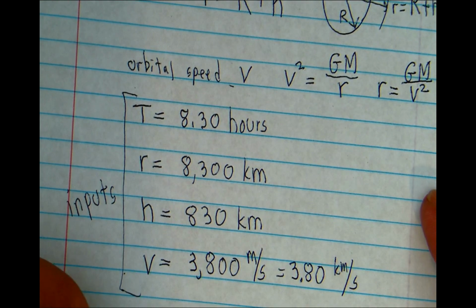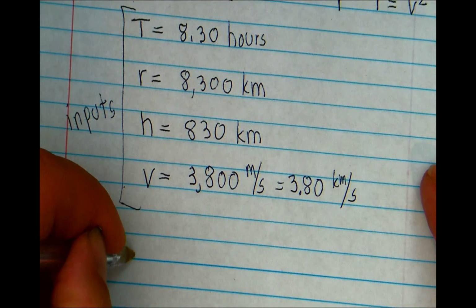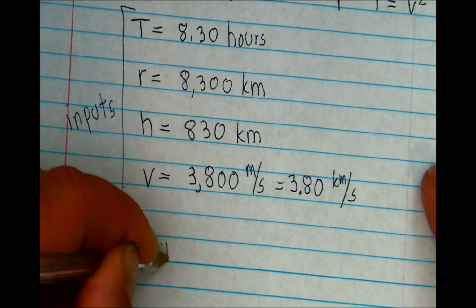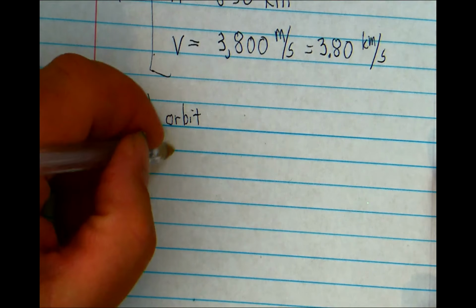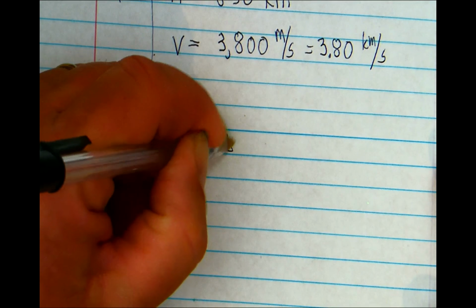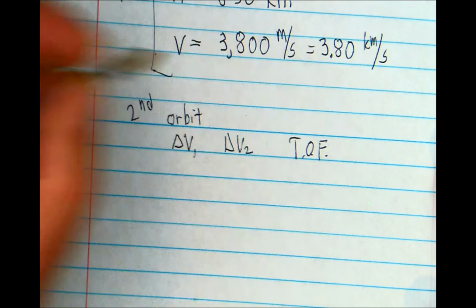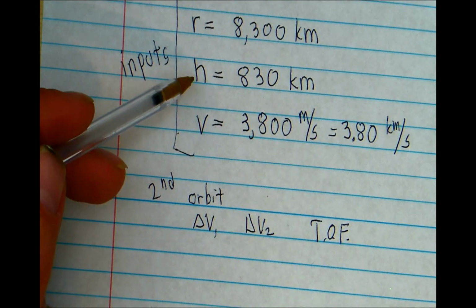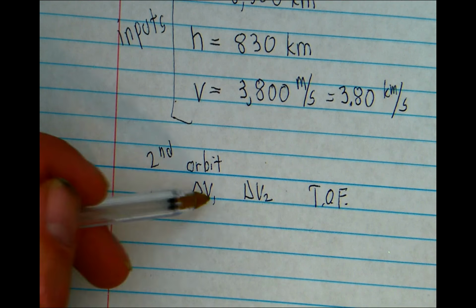It is left as an exercise to the interested student to generate the second circular orbit and then use the Astrogator with the targeter function to calculate the delta V1 and delta V2 and the total delta V and the time of flight to do a Hohmann transfer from any initial orbit to a given second circular final orbit.